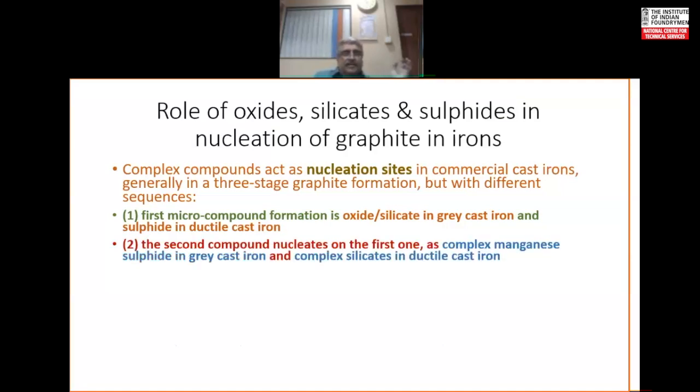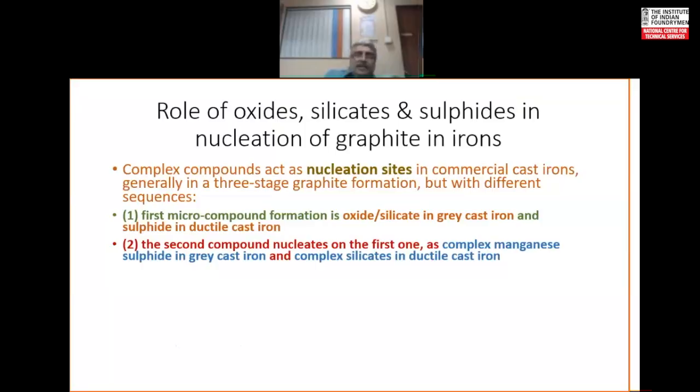The second step is that a second compound nucleates on the first one. That means in the case of gray iron, on the initial oxides and silicates, you will find that a complex manganese sulfide gets deposited, while complex silicates get deposited in the case of nuclei in ductile cast iron. So they are reversed.